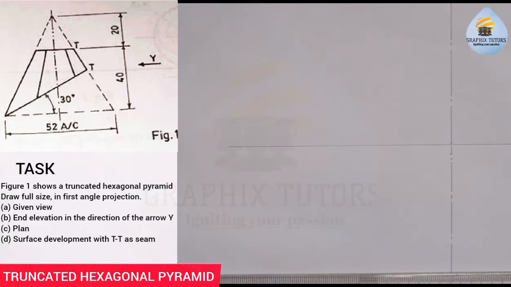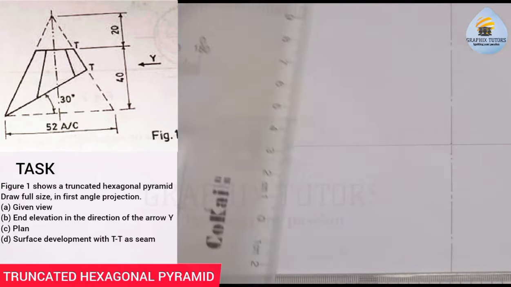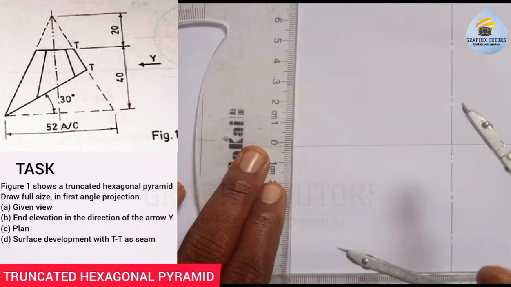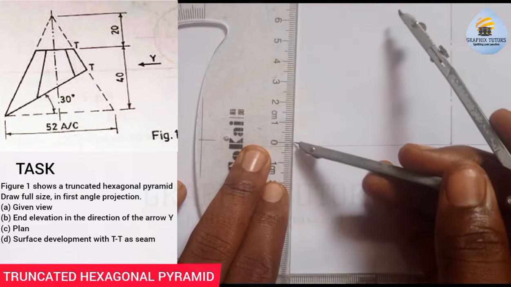Now, once you've done that, the base of this hexagonal pyramid is given as 52. So I'm going to take my compass and my meter rule and measure half of 52, which is 26.